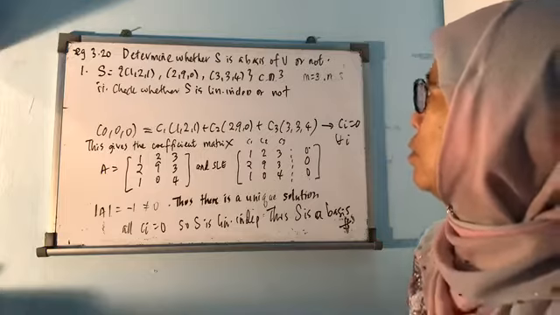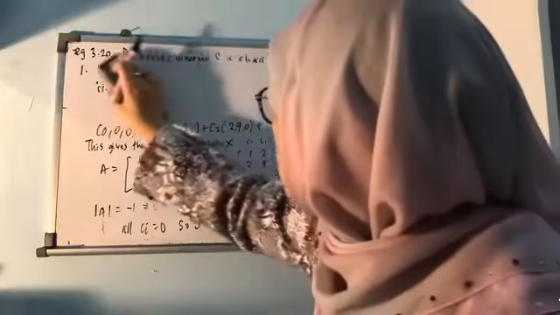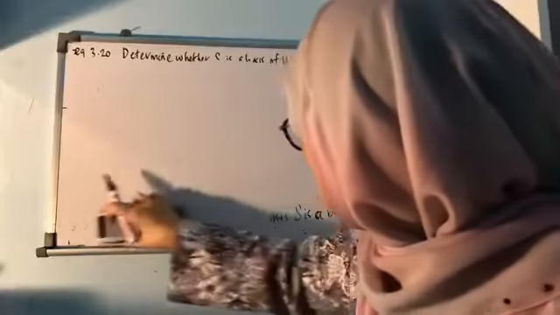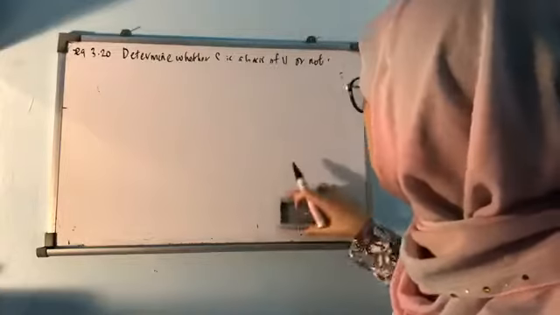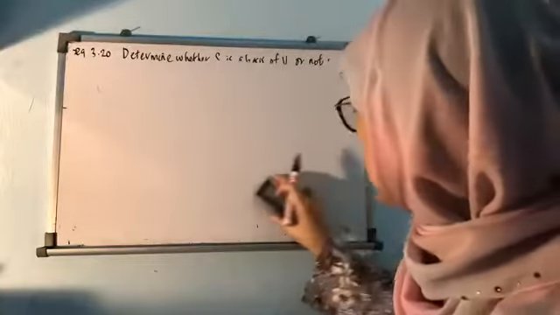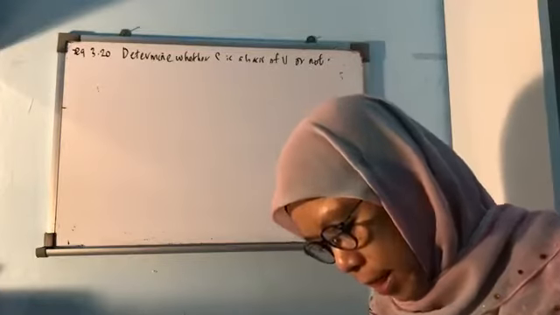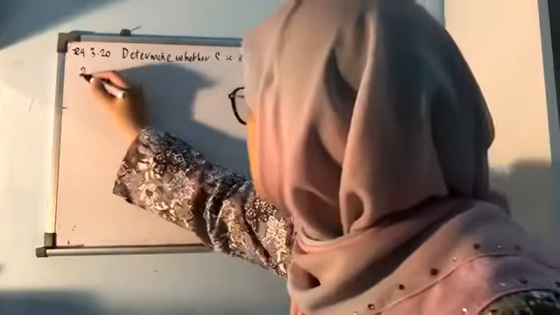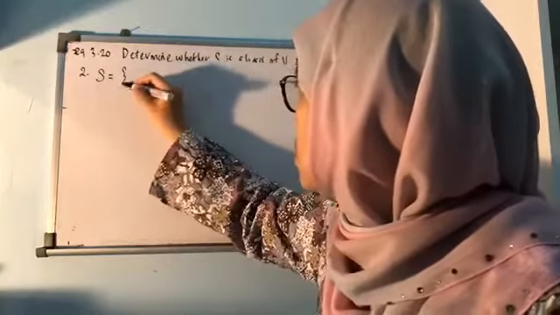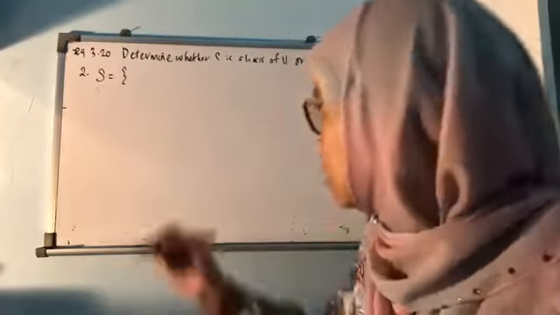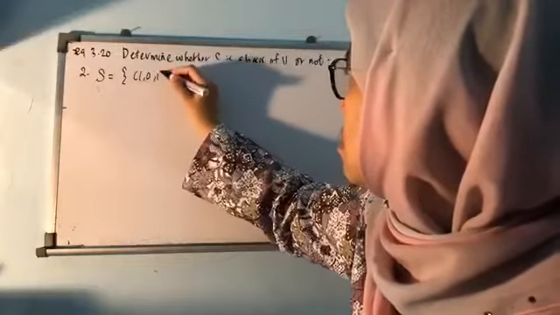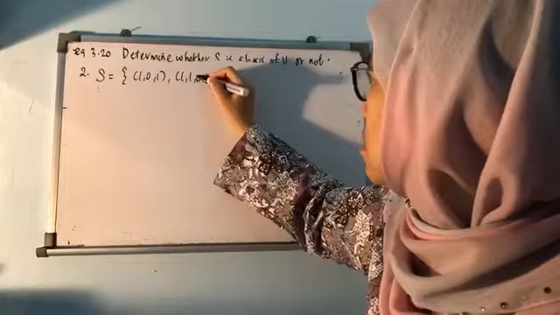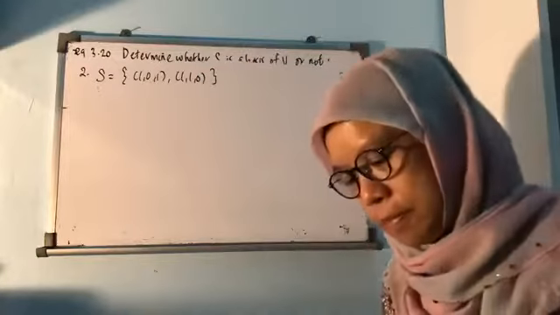Okay, we go to number 2. Determine whether it's a basis. If you remember the theorem, you will easily know whether the answer is yes or no. The vectors are 1, 0, 1 and 1, 1, 0.